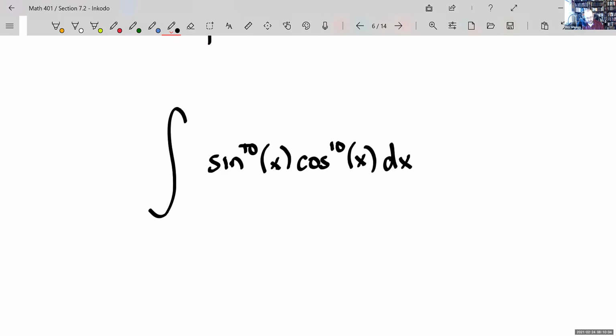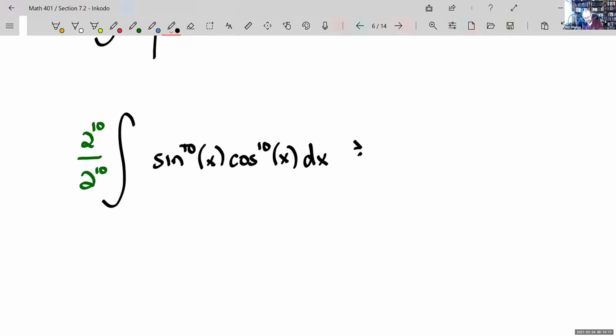That's significantly different. So what I'm going to do is I'm going to multiply the numerator and denominator, not by 2 actually, but by 2 to the 10th, because they're both powers of 10 there. And what you're going to get is this integral. I'll leave the 1 over 2 to the 10th out front.